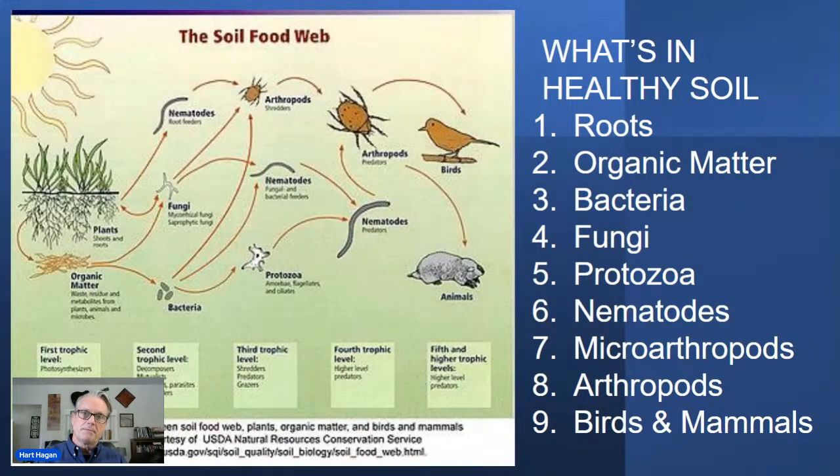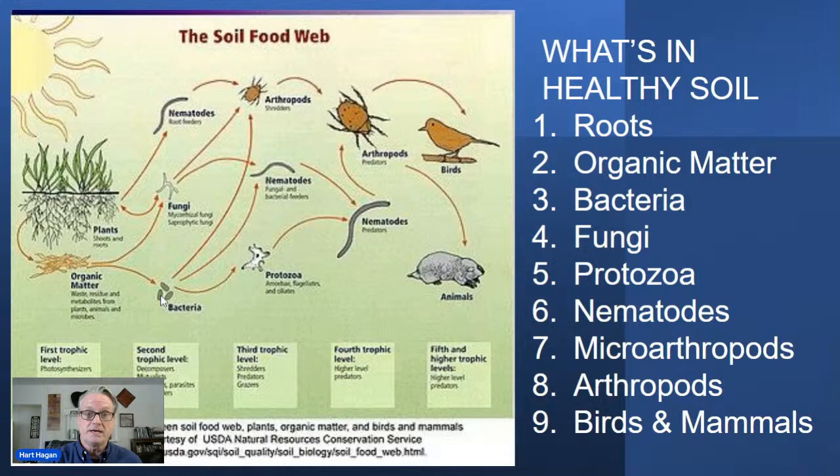Nematodes are microscopic worms. Notice that in this graphic, you have nematodes here, here, and here. Lots of different kinds of nematodes in the soil. And you have the fungi. Every one of these arrows represents a flow of energy. So you have bacteria eating the organic matter.